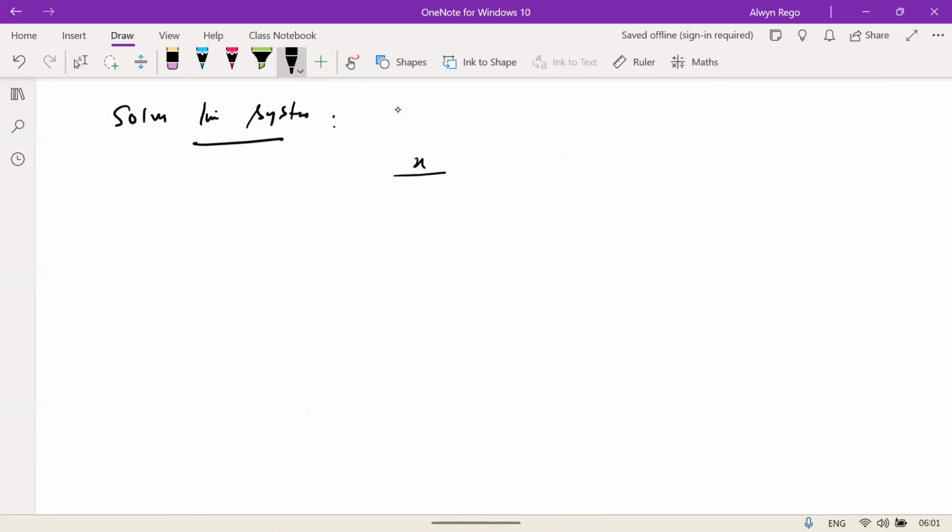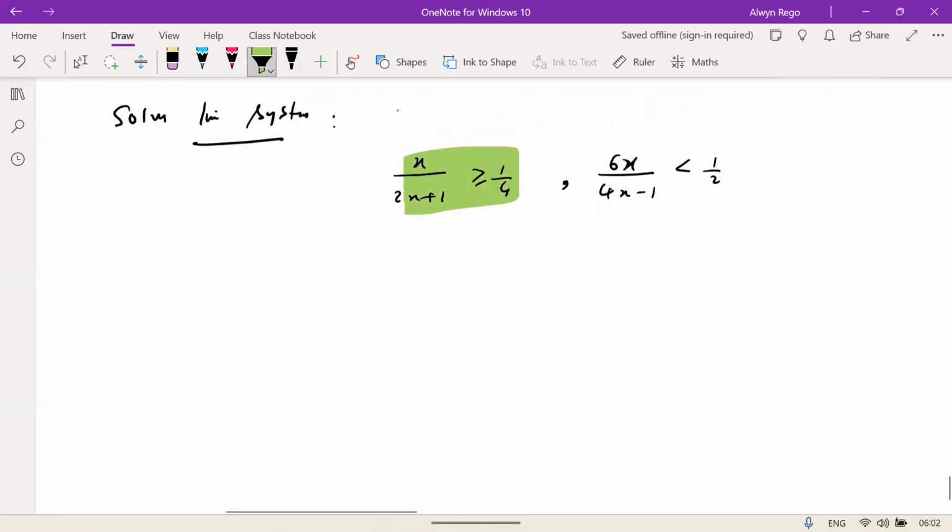So you have x by 2x plus 1 is more than or equal to a quarter, comma, you have 6 times x divided by 4x minus 1 is less than half. Pretty complicated system. So let's see what agrees with the entire system. What are the values of x which agree with both the inequalities here, respecting both of them, analyzing carefully and seeing what goes with both of them.